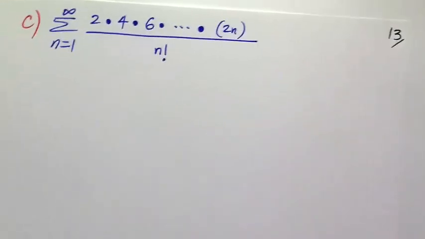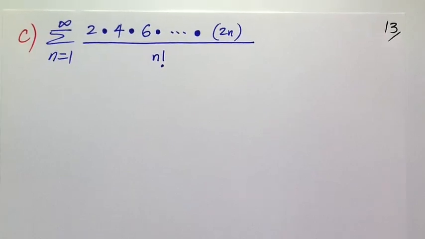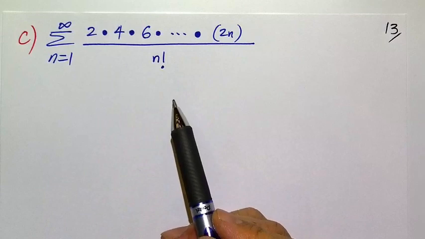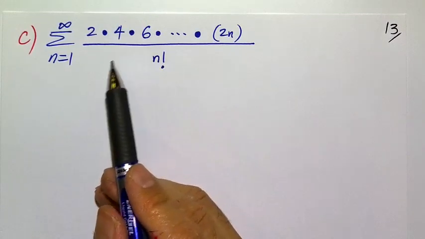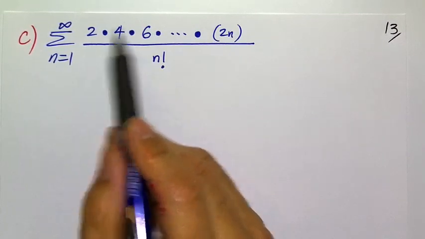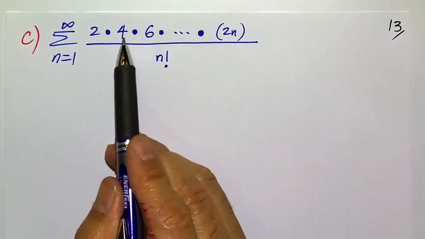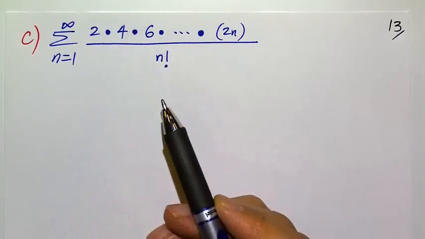So let us take a look at another example. Again, this is one of those examples where we are given these terms and we need to come up with the general term for this series. So we need to simplify this, in other words.